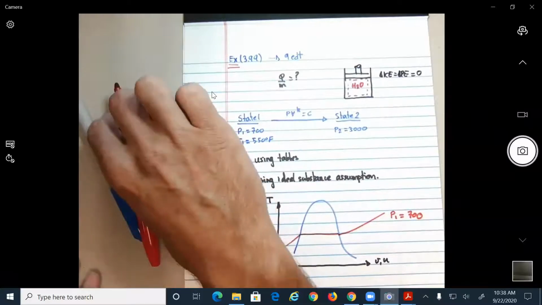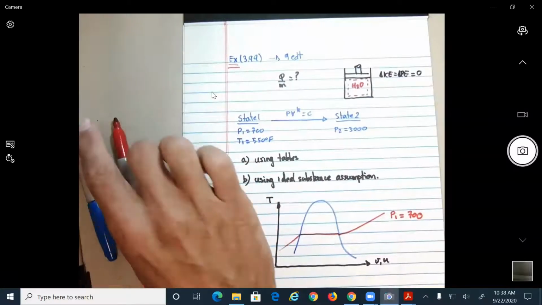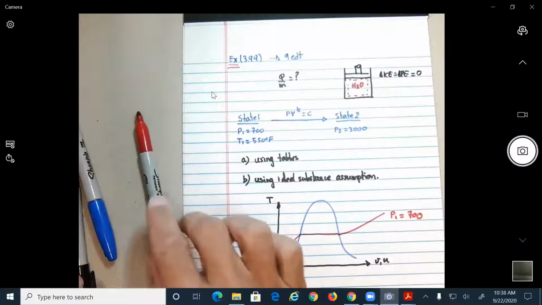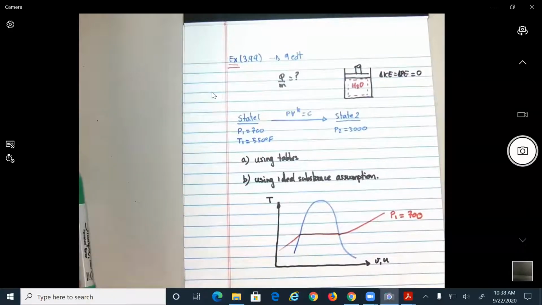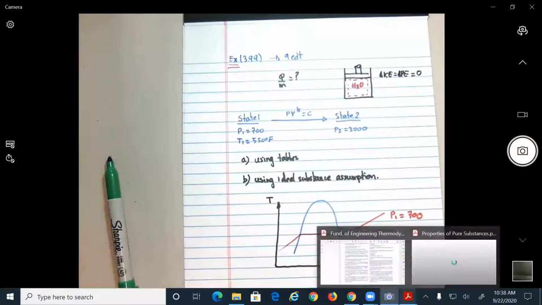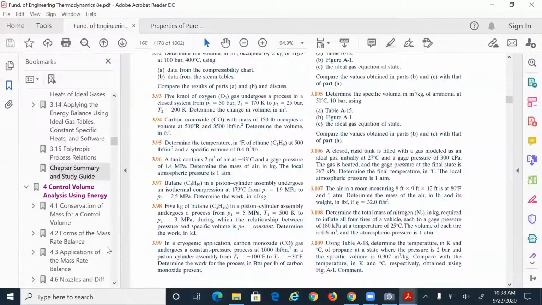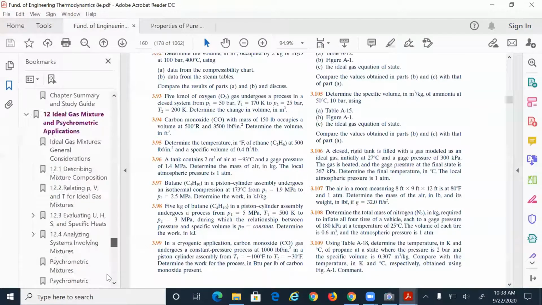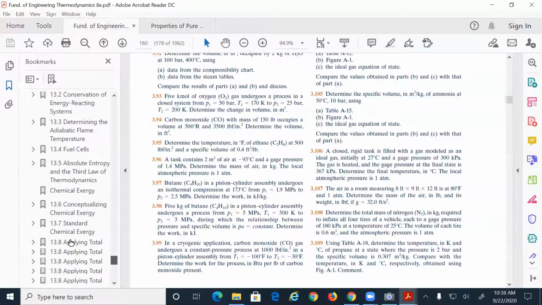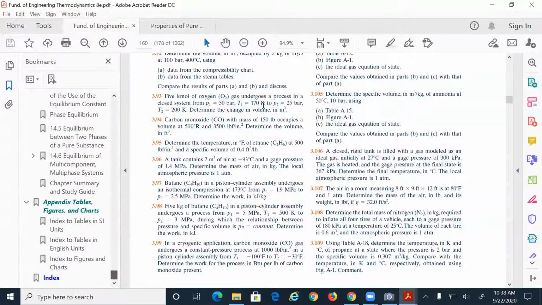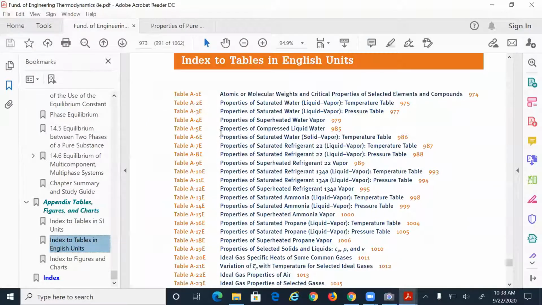All right, so now we need to be careful. What is state 1? For state 1, we need to know two things, no? So this is water. We go to the tables. We are using English units, so properties of water will be table A2, A3, A5, and so on.